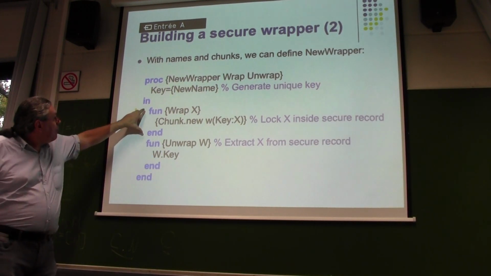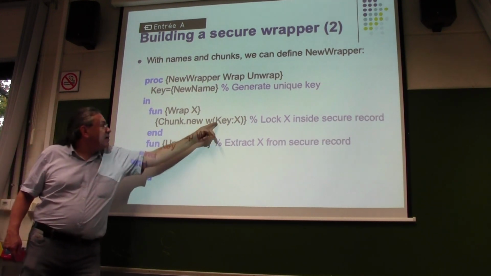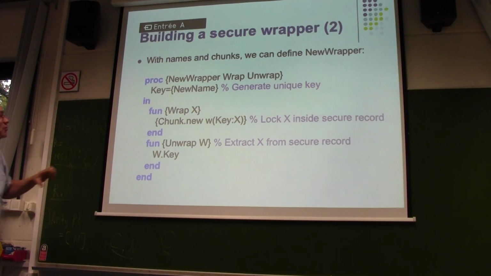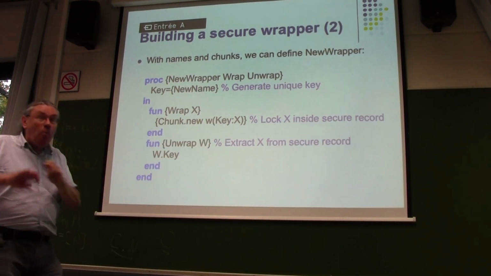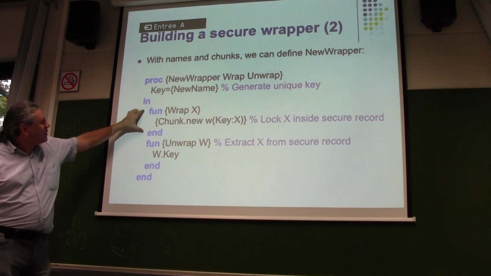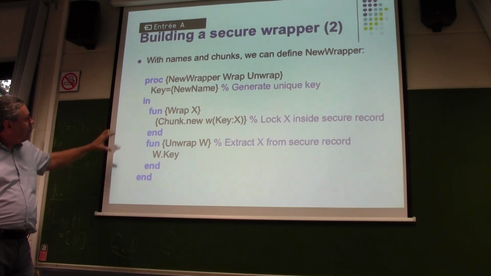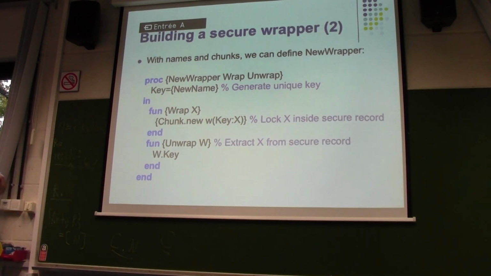And notice that both Wrap and Unwrap know key. It's part of their contextual environment. So they both have this shared key, but nobody else knows it. Only they know it. See how it works? Wrap and Unwrap. And now we can actually build an abstract data type.